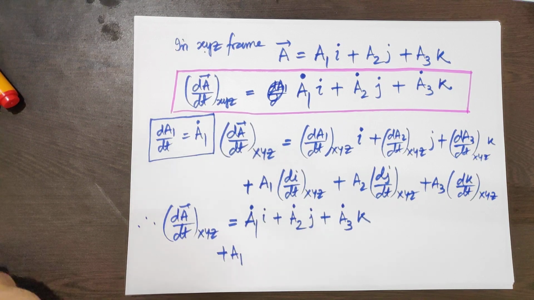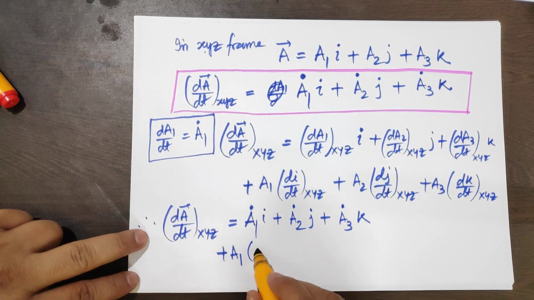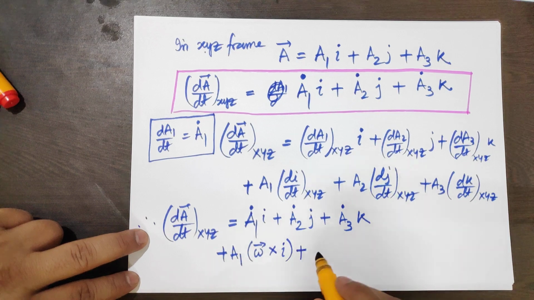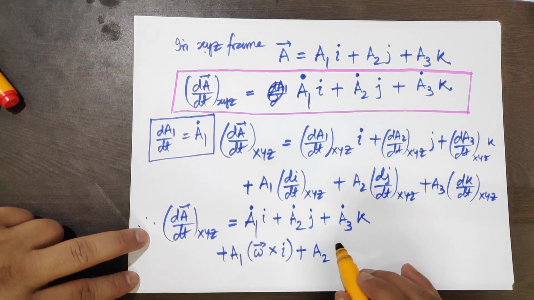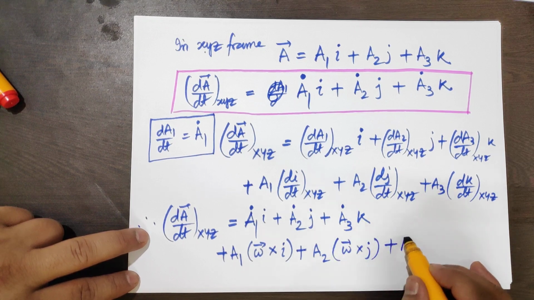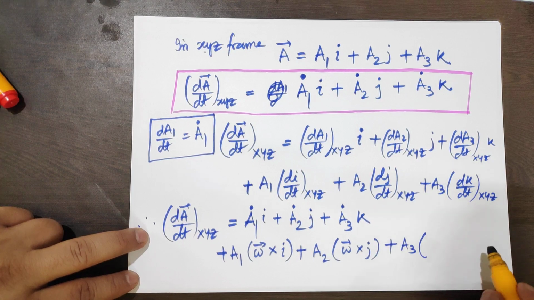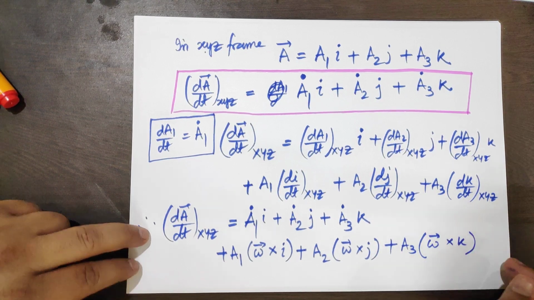So replace this term, di/dt with respect to capital XYZ, you get omega cross i, plus dj/dt with respect to capital XYZ is omega cross j, plus a3 into dk/dt with respect to capital XYZ is omega cross k.